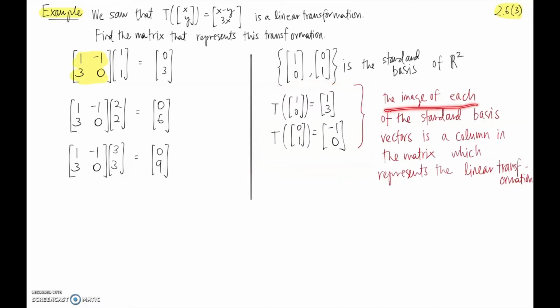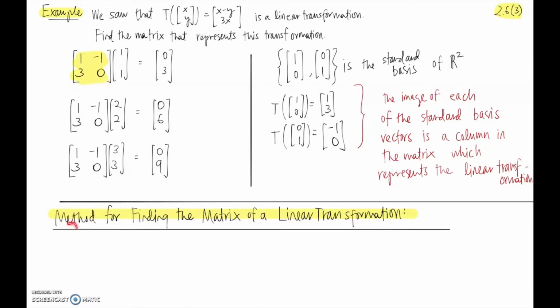The image of each of the standard basis vectors, the image of this guy was (1, 3), the image of this guy was (-1, 0). Each of those images, after they go through the transformation, is a column in the matrix that represents the linear transformation. So the method for finding the matrix of a linear transformation is a pretty simple two-step process.